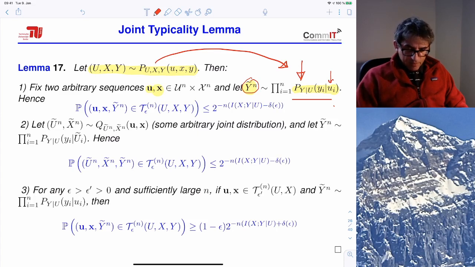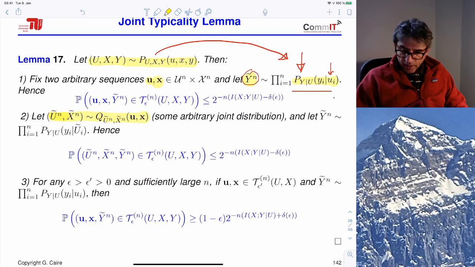Then we have statement number 2 that says now instead of picking u and x fixed, we pick random u tilde and x tilde distributed according to some joint distribution Q that I don't care about. This Q has nothing to do with P. And then again, we generate y tilde in the same way as before, now conditioned on the u tilde sequence.